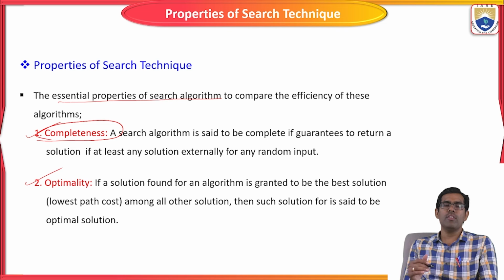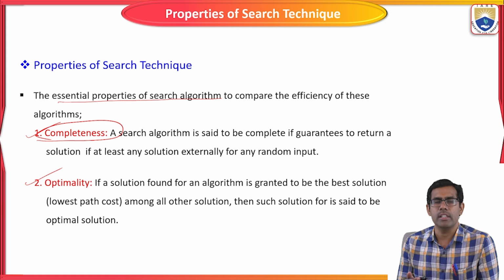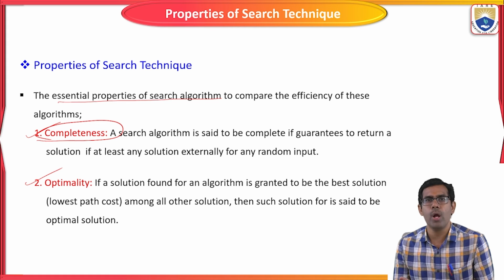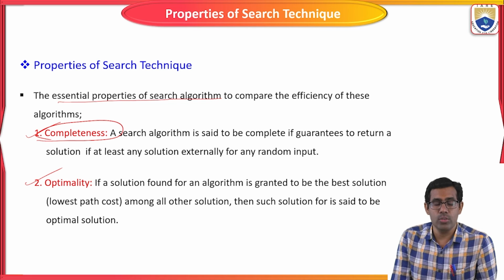Whichever problem statement you take should be defined very clearly, so that even a third person can understand what the problem statement is. You have to give the complete problem definition before you start finding the solution.